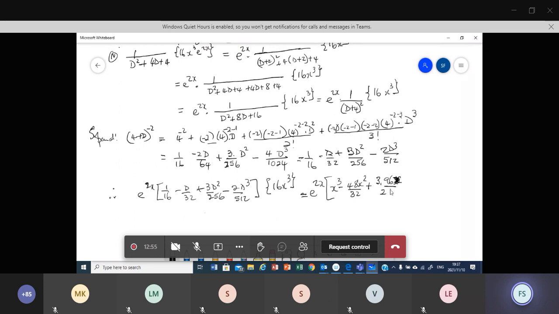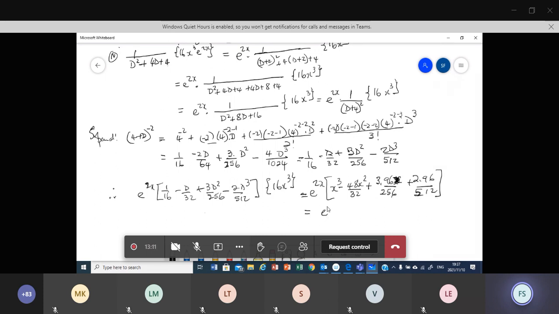The last one is the third derivative. The derivative of 96x is just 96, so it's minus 2 times 96 over 512.